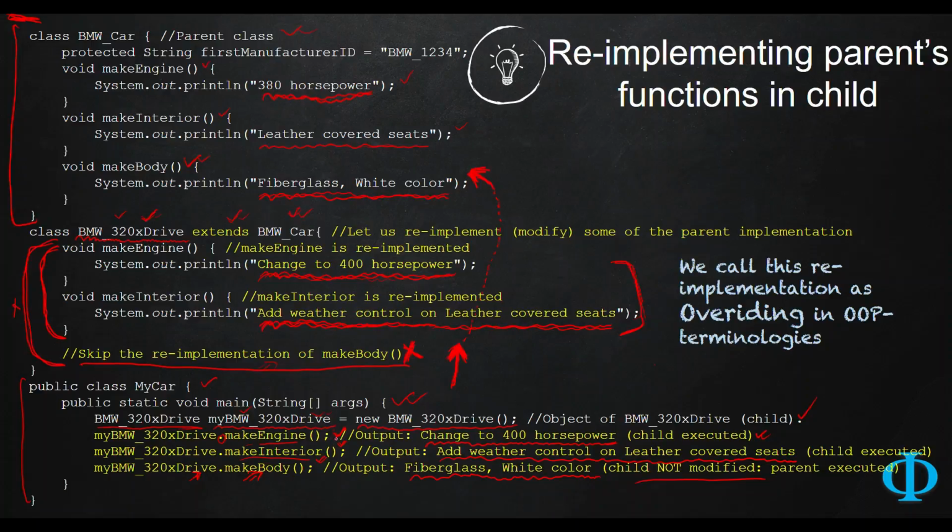And that's why make engine is executing the child, make interior also is executing the child, and make body, since the child is not modified for that function, is executing the parent.